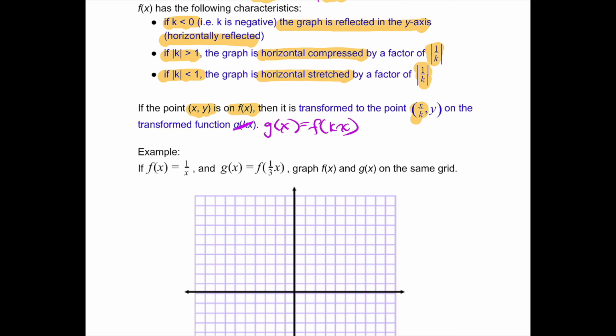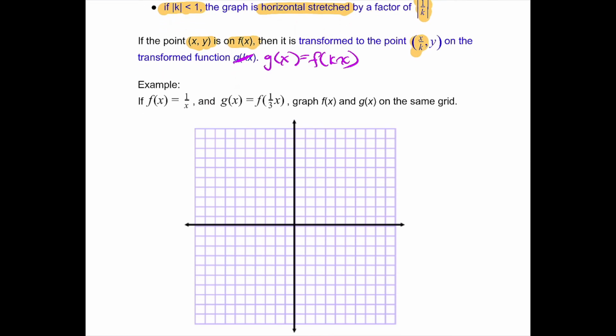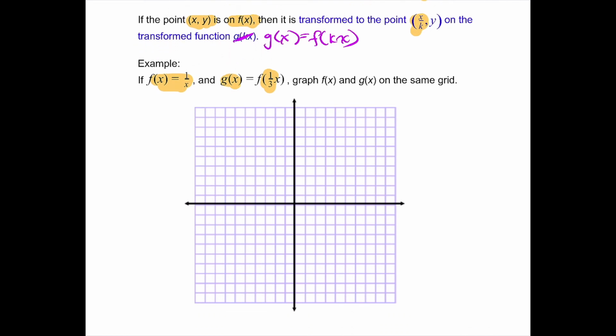Okay, so let's look at an example. So if f of x, my parent function here, is 1 over x, and we're transforming it by really multiplying by a third to x inside our function, what is this going to look like? So first, let's graph our parent function f of x. So we know that we're going to have asymptotes, both horizontal and vertical.